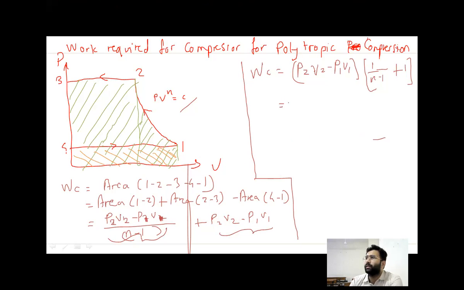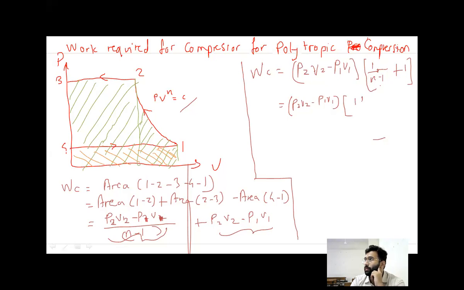So now calculate this one also. P2 V2 minus P1 V1 inside the bracket. What will be this one? Can anybody tell? Simplification of this. So how to solve this? Just multiply this into 1.